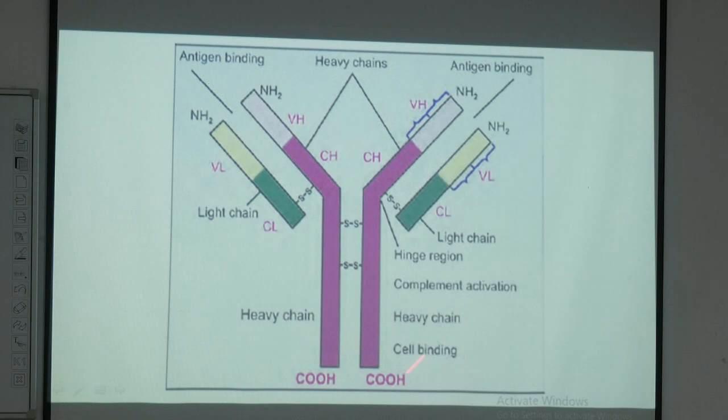If the antibody is digested or cut here, how many fragments will be produced? 2 fragments, because all these parts are connected by disulfide linkages, but this fragment is not. So when papain acts, it produces 3 fragments, and when pepsin acts, it produces 2 fragments.